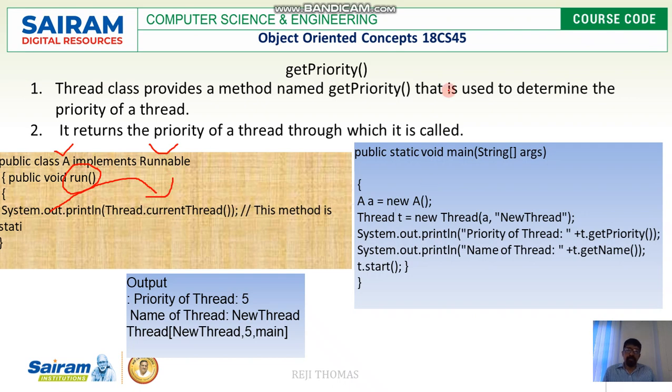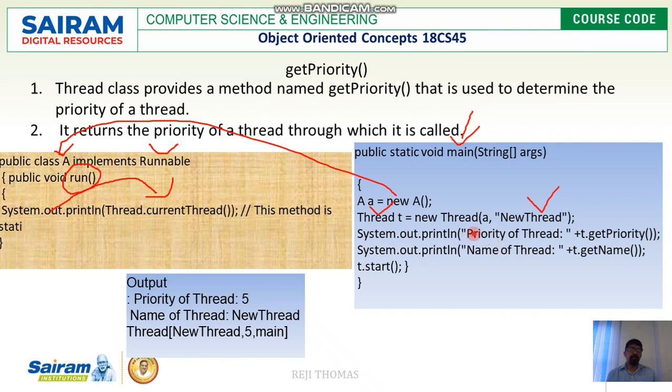Next we have the main method, where I'm going to create an object of the class A. I'm going to create a thread t and name it new thread. Now I'm going to get the priority and get the name.